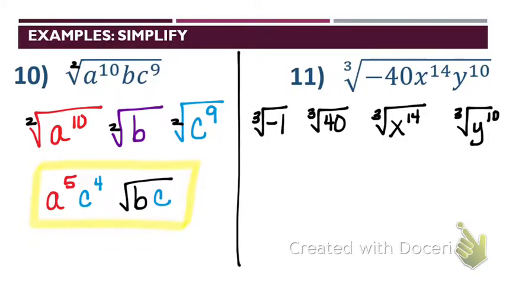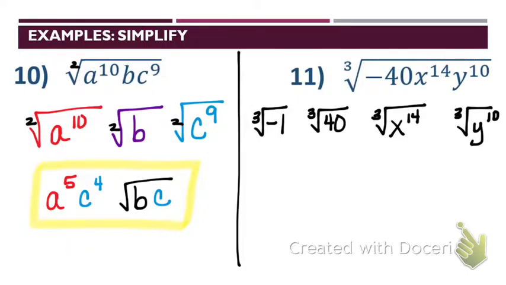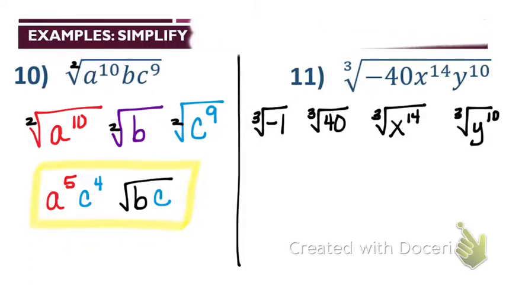Now, something that you might want to add in your notes is how do we handle this negative? And it depends. So when you have a negative and this is even, then it's just going to stay.